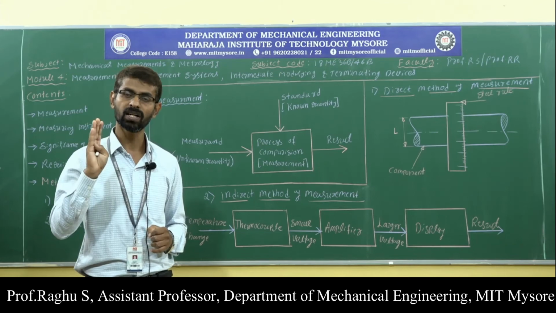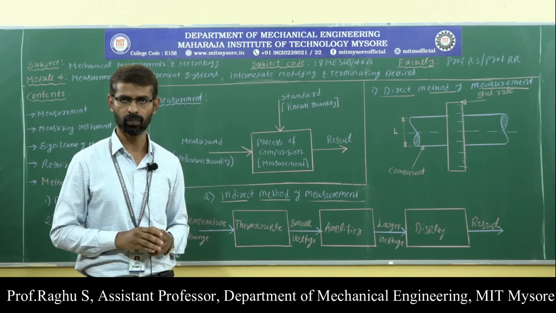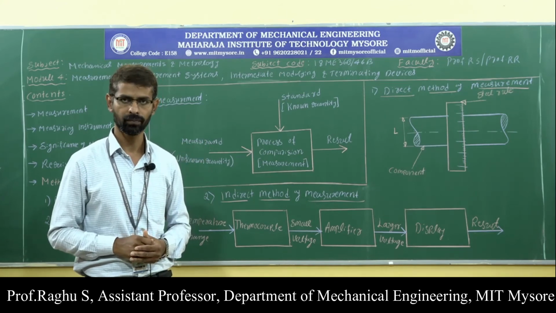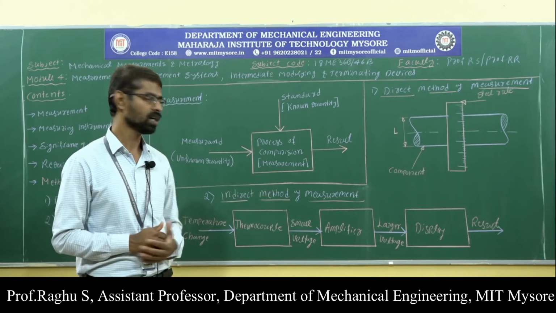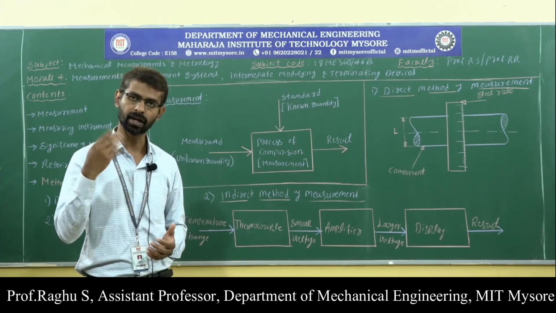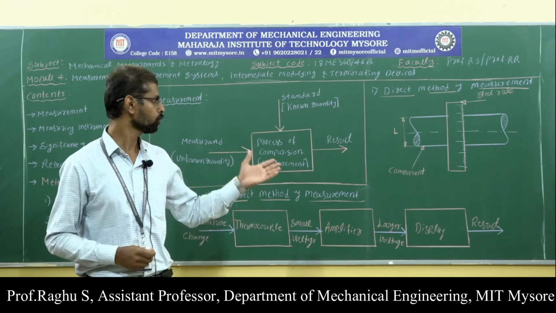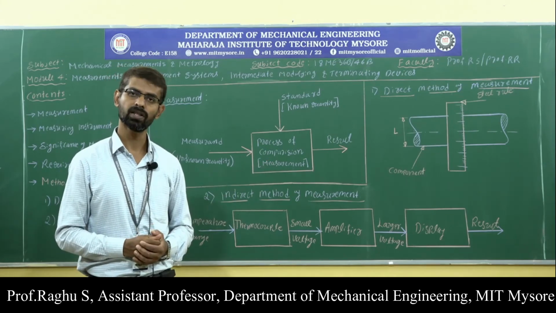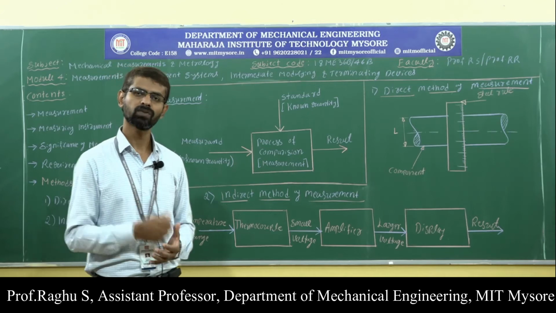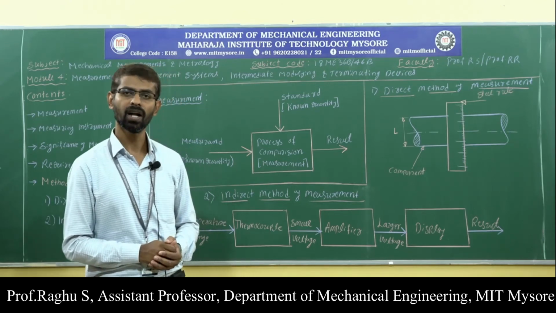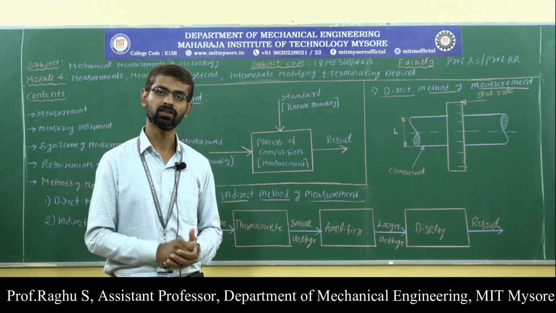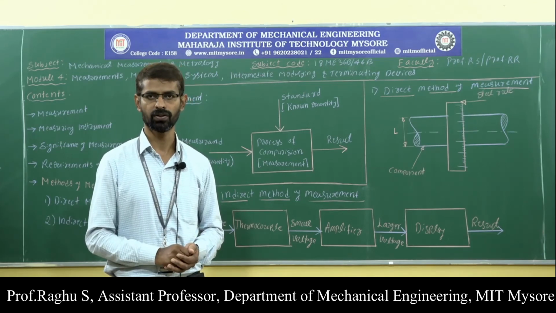We have discussed the significance of measurement, the requirements of measurement, and the methods of measurement: the direct method and the indirect method, along with the differences between them. Next we will discuss the generalized measurement system and an example of it.